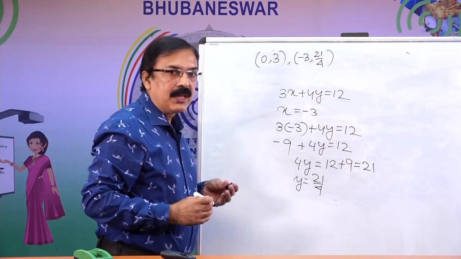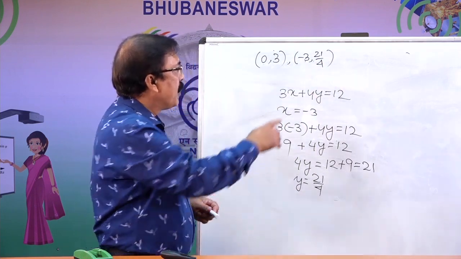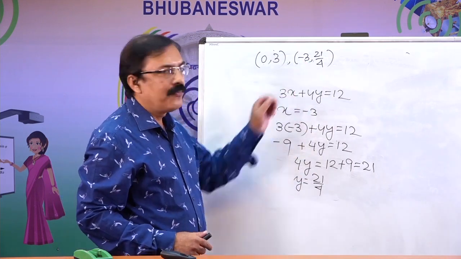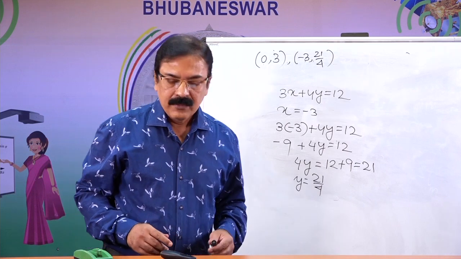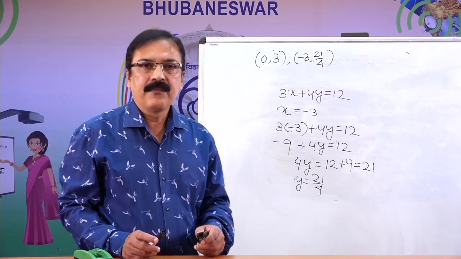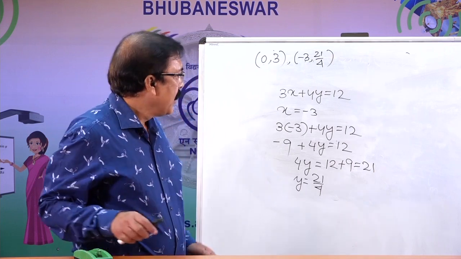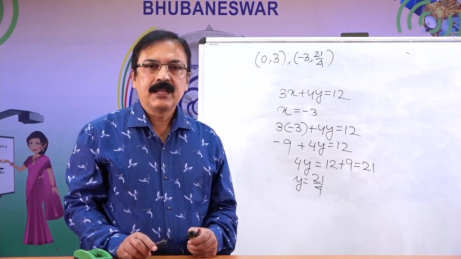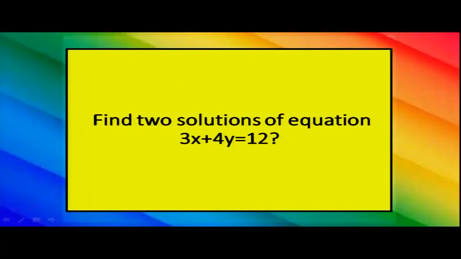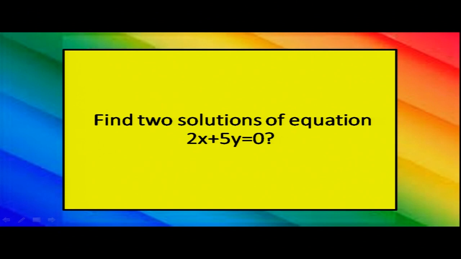So here, by putting the value of x, we can have any value of y. It can be of any form, not only an integer, it can be of rational form. So these are the two solutions of the given equation. Let's see another equation.